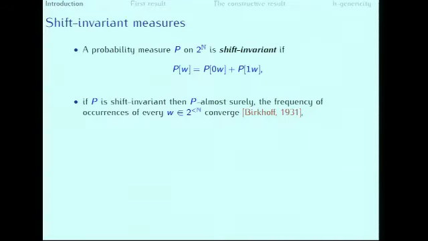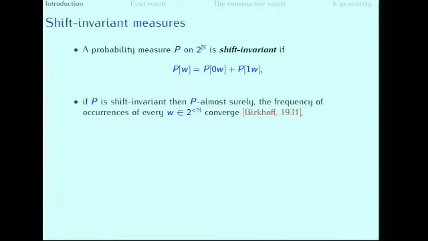For instance, you take two different Bernoulli measures and take the average. Then half of the sequences will statistically behave as the first measure and the other half as the other one.